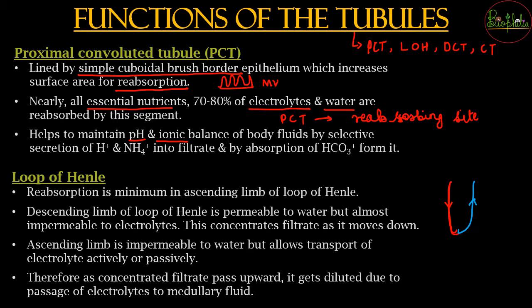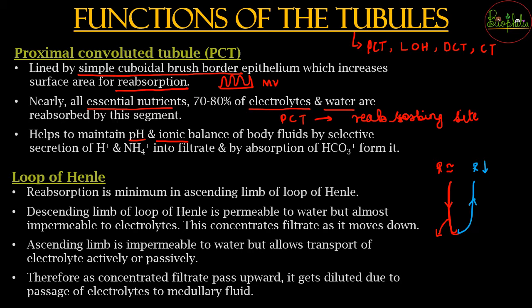So these two limbs of the loop of Henle are going to act differently. So in the case of the ascending loop there is less reabsorption, whereas in the case of the descending loop reabsorption is possible. So descending loop में क्या होता है?